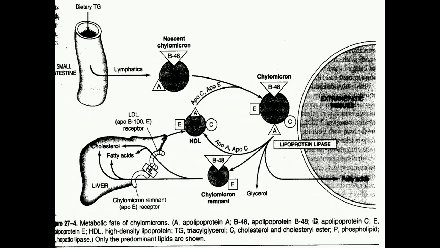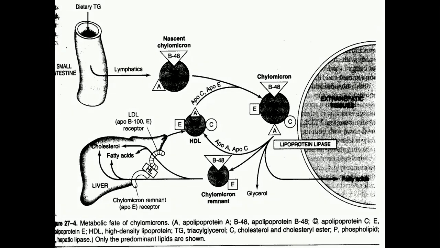ABC proteins are involved in picking up cholesterol from peripheral tissues and transporting that cholesterol to HDL. Lecithin is a component of the phospholipid bilayer of the HDL disc.